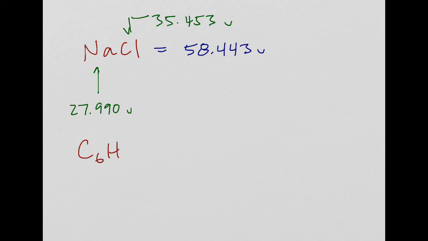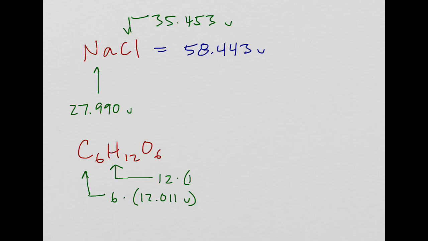Okay? Similarly, let's say we go for something a little bit more complex. We take glucose. Now you have to take into account that there are subscripts here, but it's not that difficult to understand. All you need to do is take carbon, and since you have 6 of them, multiply 6 times 12.011, which is the atomic mass of carbon. Then you do the same thing for hydrogen, but there are 12 of those fellas, and hydrogen has a tiny atomic mass, the smallest that exists in the periodic table.